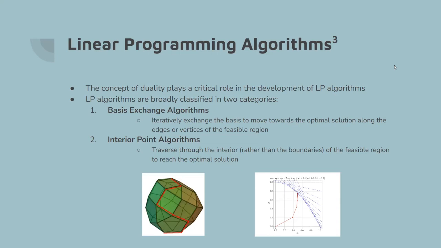These ones traverse through the interior rather than the boundaries of the feasible region to reach the optimal solution. And you can see a visualization of that on the right, where we start at some point and we move through the interior of the region till we find our optimal solution, which is close to the boundary.